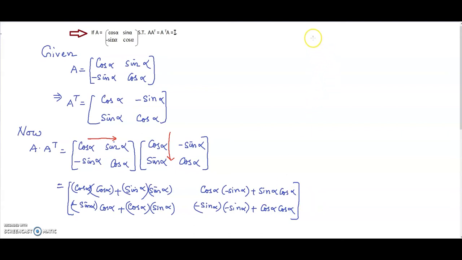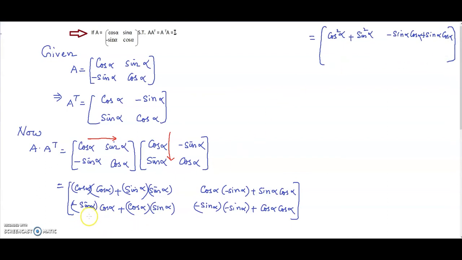So what do we have now? The first element: cos alpha into cos alpha is cos square alpha, plus sin alpha into sin alpha is sin square alpha. Second element: cos alpha into minus sin alpha, we can write as minus sin alpha cos alpha, plus sin alpha into cos alpha.